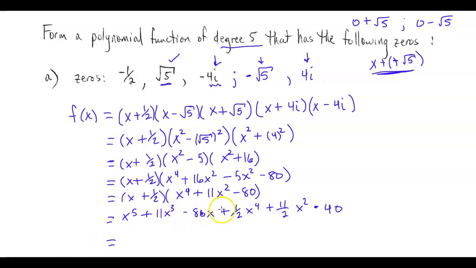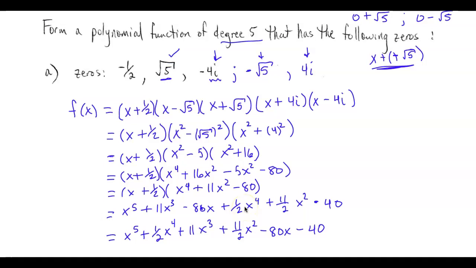And so here, this is the answer, but we're just going to rearrange everything to go in descending order with the exponents. So I have x to the 5th, and then this will be plus 1/2 x to the 4th, plus 11x cubed, then plus 11 over 2 x squared, minus 80x, and then this will be minus 40.